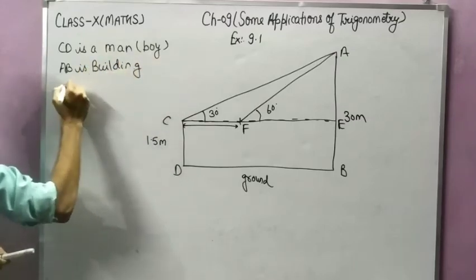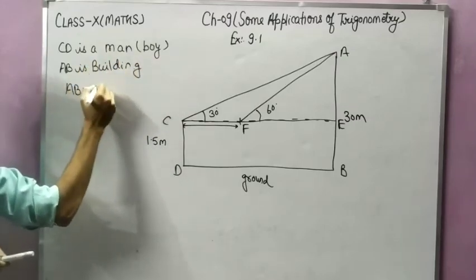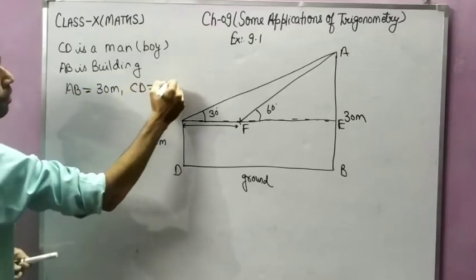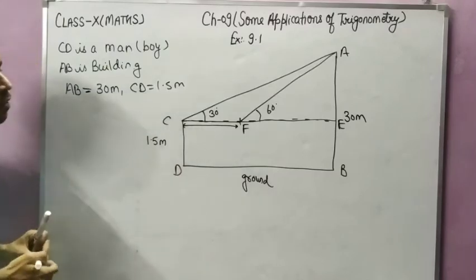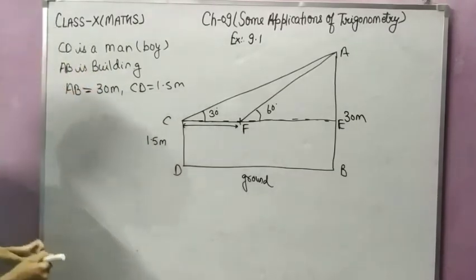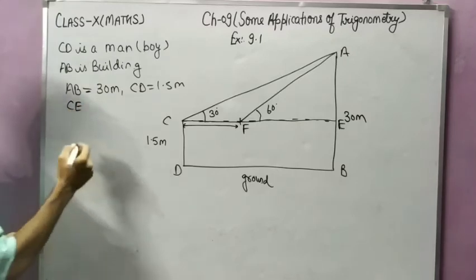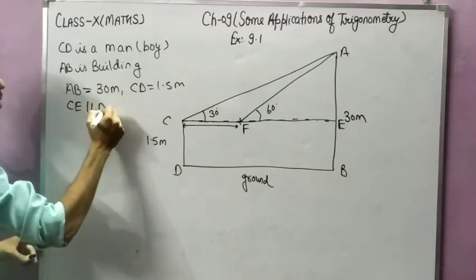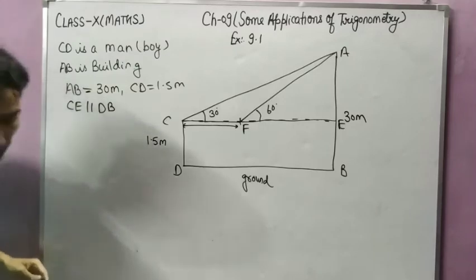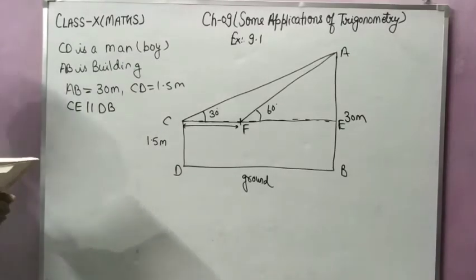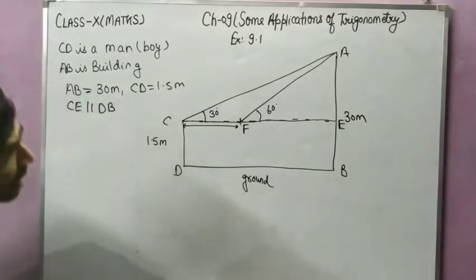The length of AB is given, student, that is 30 meter, and the length of CD is given, 1.5 meter. ठीक है, so from the figure one more thing we can say, CE is parallel to DB. Okay, so that much data we have noted down.